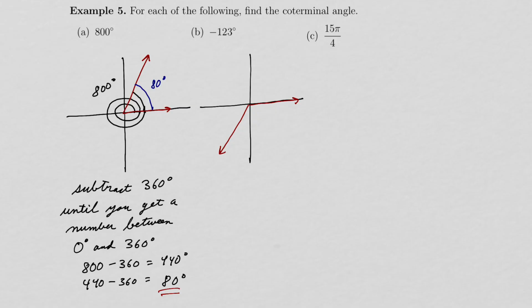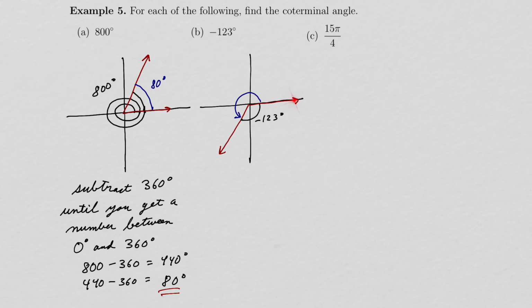So this angle would be negative 123 degrees. But I want an angle that's between 0 and 360. So really, I want this angle.